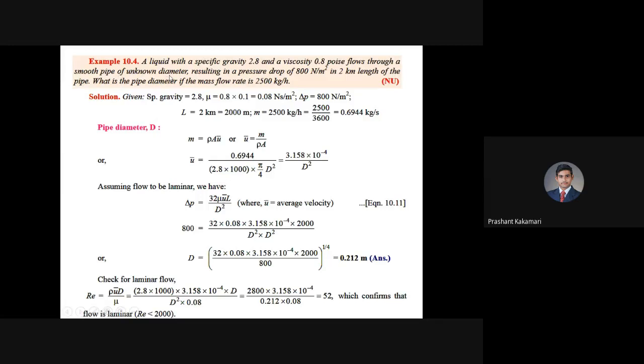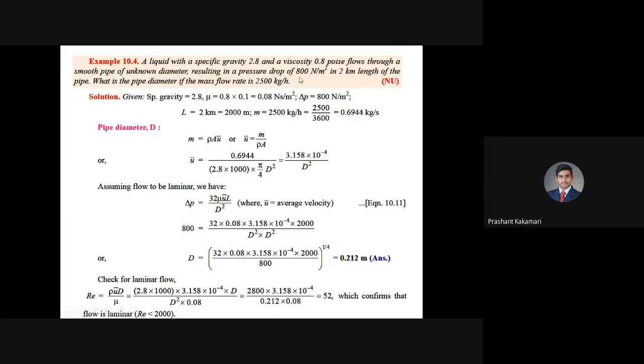Diameter is not given, meaning for the Hagen-Poiseuille's equation or any other findings, we need to find this diameter, because without diameter we don't have any other formula. So diameter is required later, resulting in a pressure drop of 800 Newton per meter square. So the pressure drop is given indirectly, delta P is given, or dou P is given.